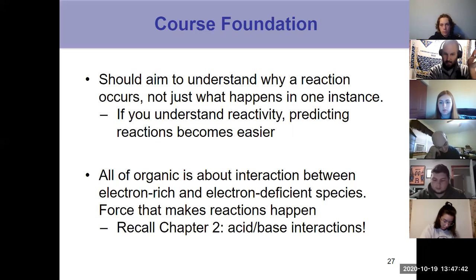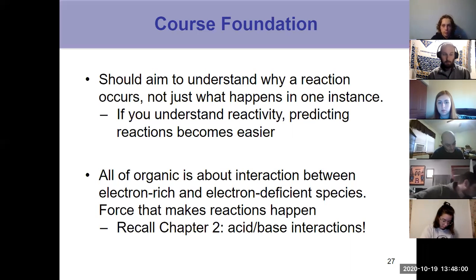But the reason that these things acted as acids or bases is because of their electrons, right? If I had a conjugate base that was nice and stable, then that made something acidic. Something would act as a base if it had a lot of electron density. So we're using that same idea, electron rich and electron poor, to drive principles of reactivity.